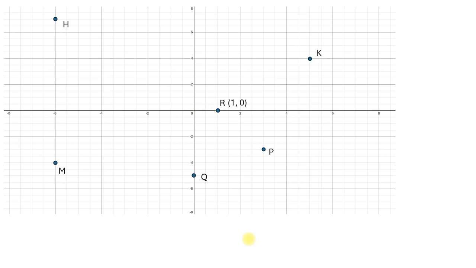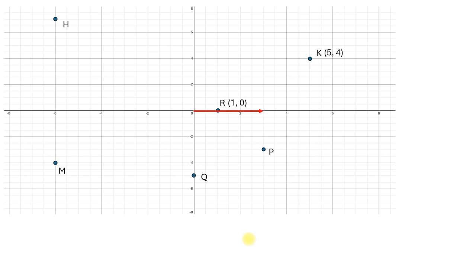So I'll refer to this by the ordered pair 1, 0. For point K, I move along 5 units along the x-axis, and then up 4 units for the y-axis. So I'll refer to this point as 5, 4.